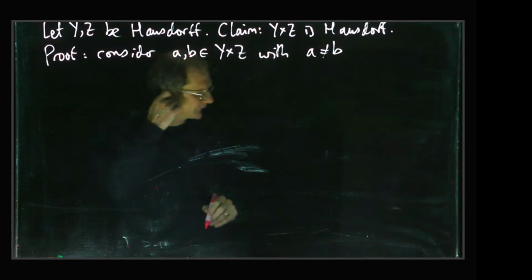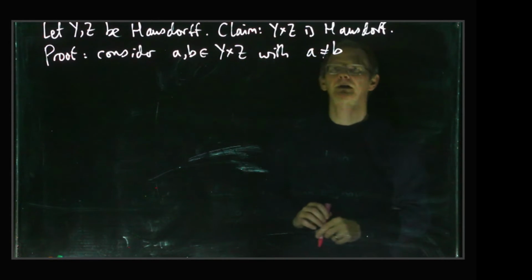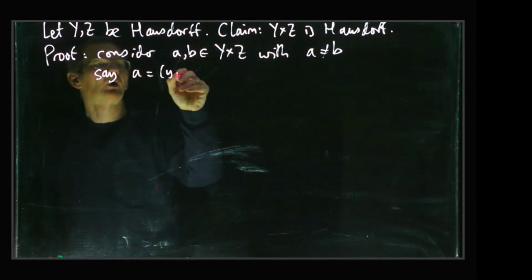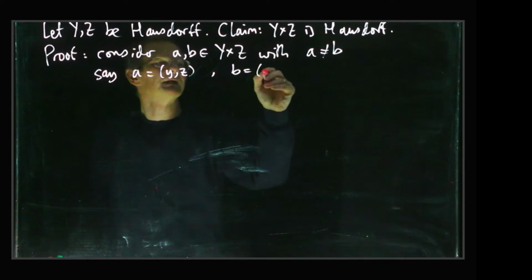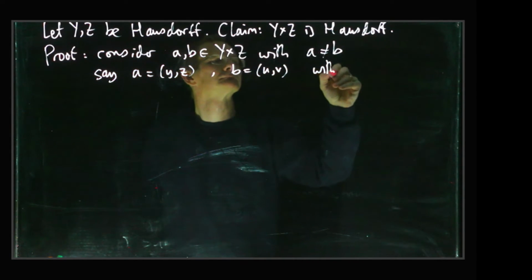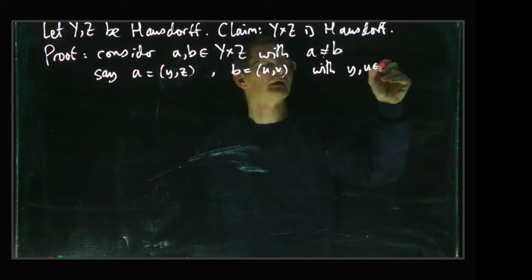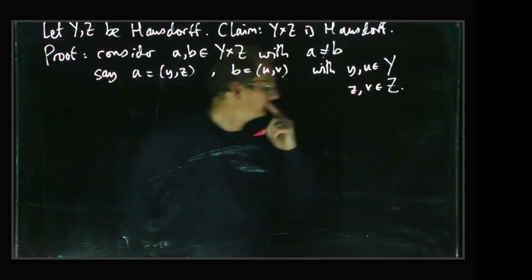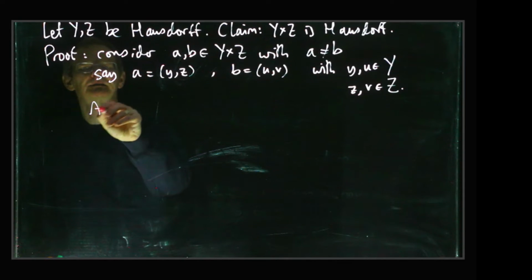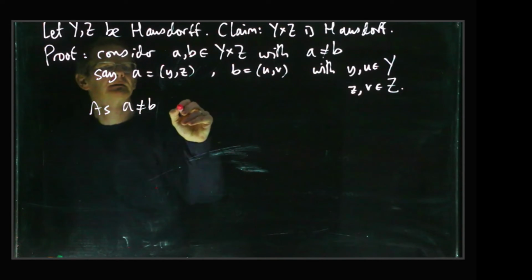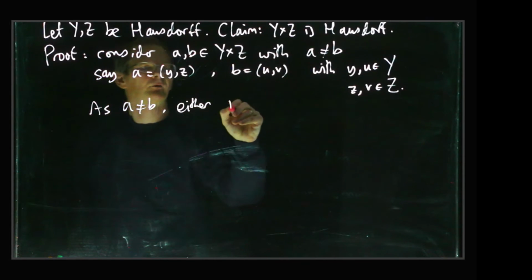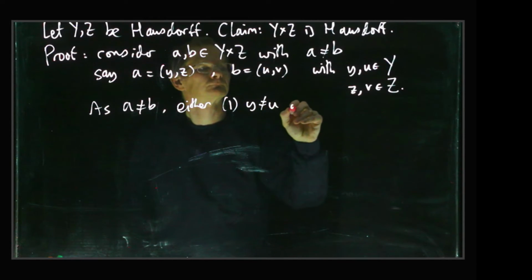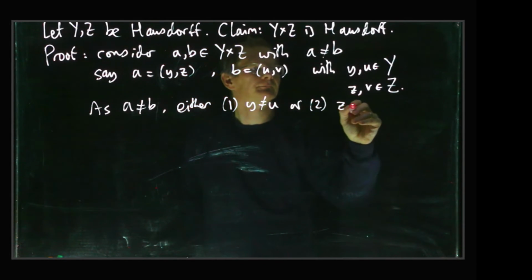So we have to consider some pair of distinct points, A and B, with A not equal to B. We can express A as (y, z) and B as (u, v), say, where y and u are in the space Y, and z and v are in the space Z. As A is different from B, either the Y coordinates must be different, or the Z coordinates must be different.